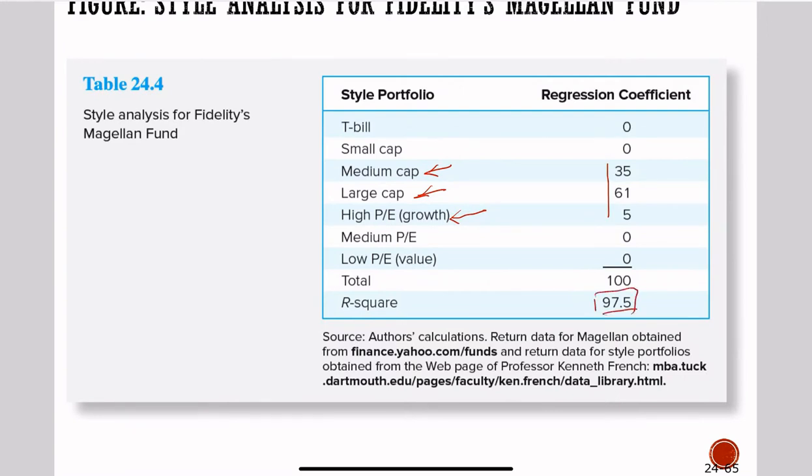And then if you look at this number, 97.5, it means that the regression can explain 97.5% of the variability in this Fidelity Fund's return.